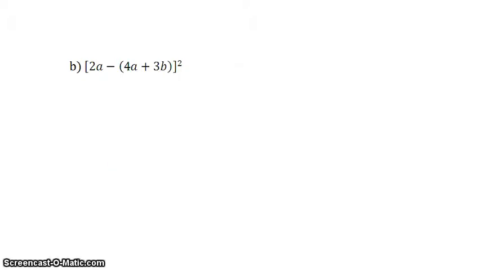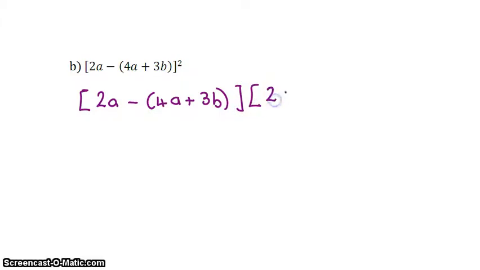Now, this is squared, but now I've got a minus and a square bracket, so it seems a bit confusing. So what is this? This is 2a minus (4a plus 3b). And because I'm squaring, I've got another 2a minus (4a plus 3b).